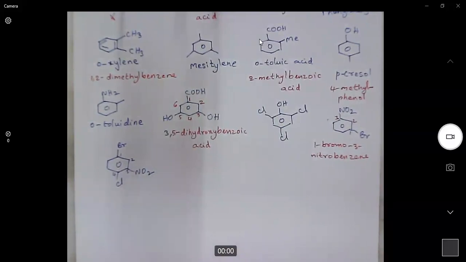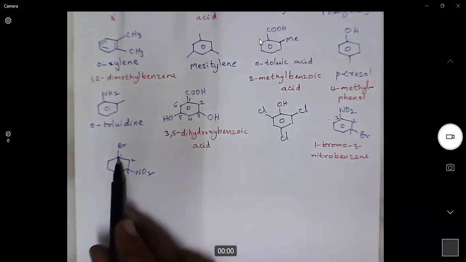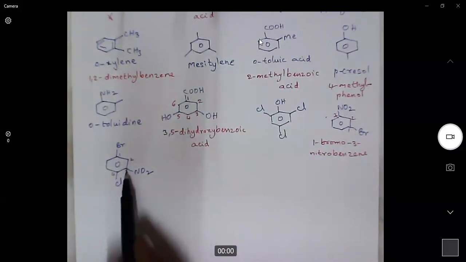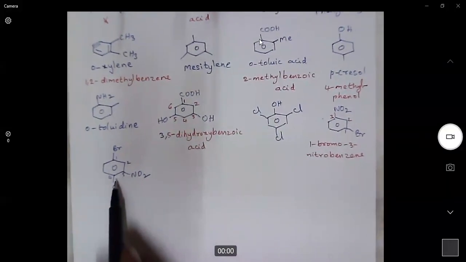But here, we should not follow numbering according to alphabetical order of the substituents. We must follow the lowest sum rule. That means when we add the numbering of all the substituents, it must result in the lowest number.